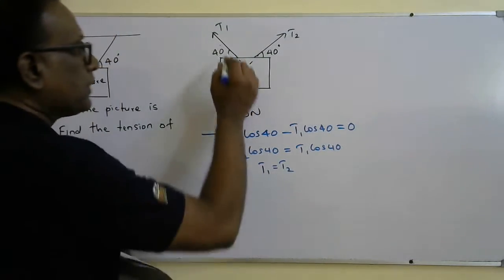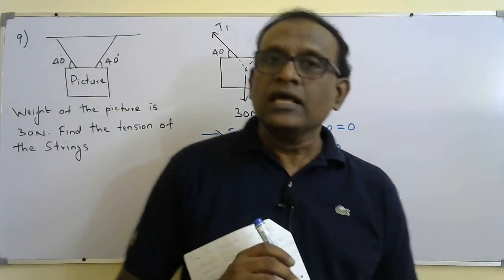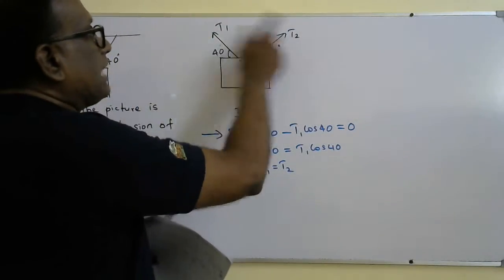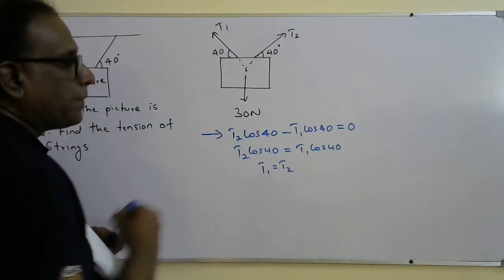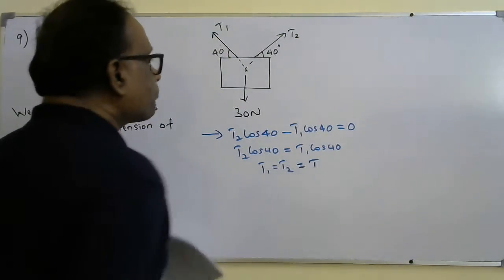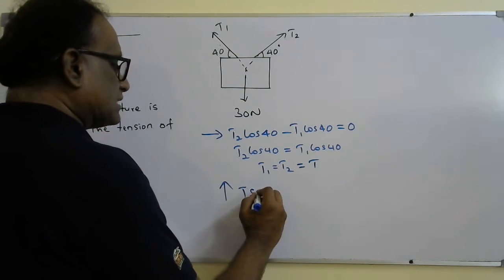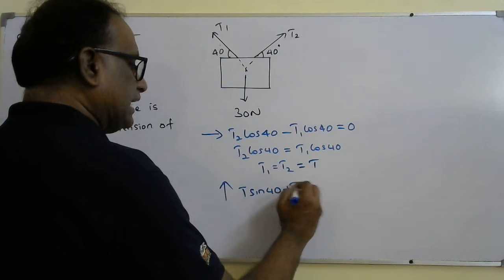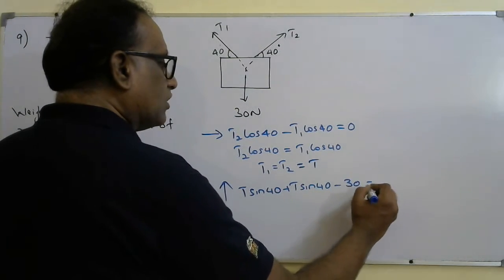So remember that when there are 3 non-parallel forces, if 2 forces make the same angle, then they should have the same tension. So T2 equal T1, I can call it T. Now resolve vertically upwards. T sine 40 plus T sine 40 minus 30, that's the weight, equal to 0.